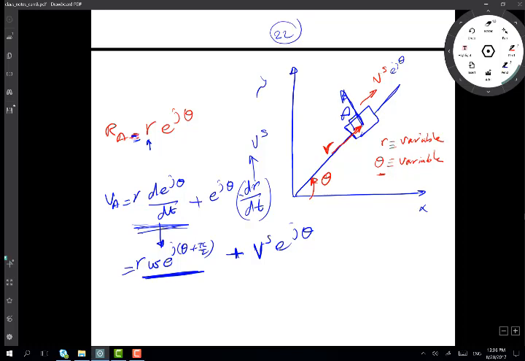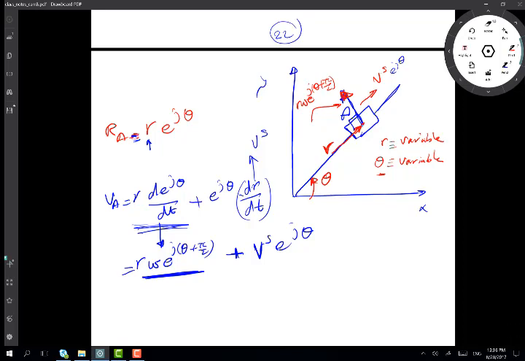So this vector here is equal to r omega e to the j (theta plus pi over 2). Now, when the angle is variable and the length is variable, when both vary, the velocity of the slider will encompass both velocities.